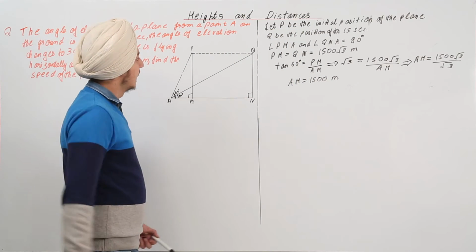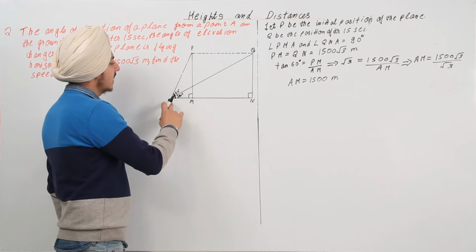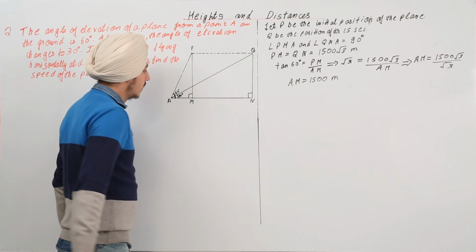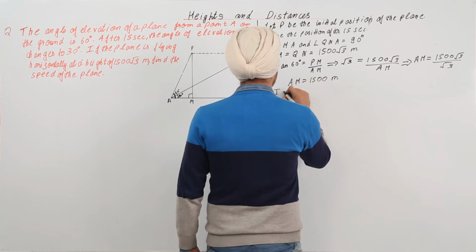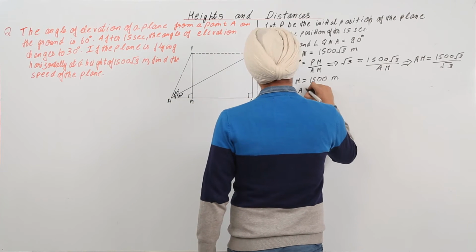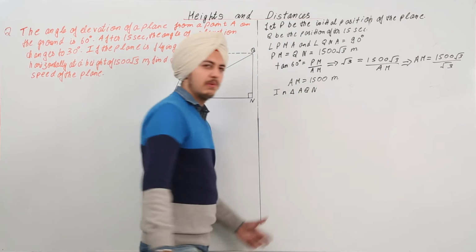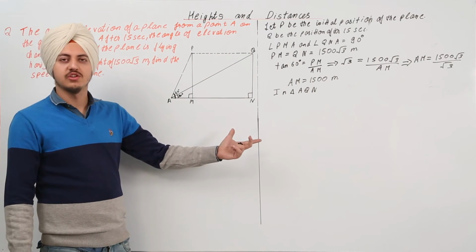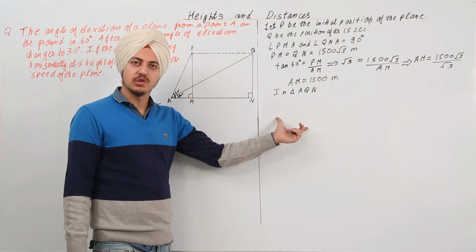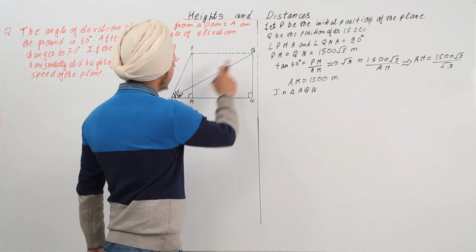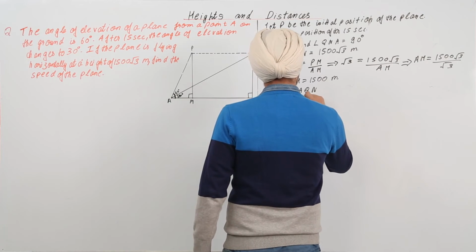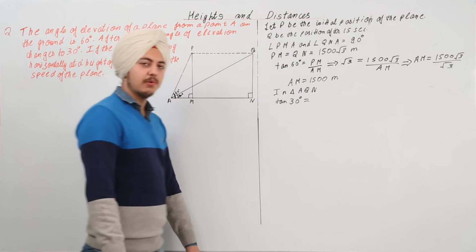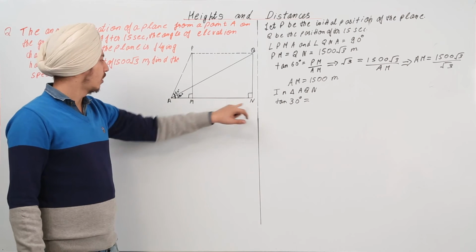Next, in triangle AQN, tan of 30 degrees. It is good to mention the triangle before mentioning the relation of the tan or the sine of the angles. So in triangle AQN, tan of 30 degrees is equal to perpendicular upon base, that is QN upon NA.